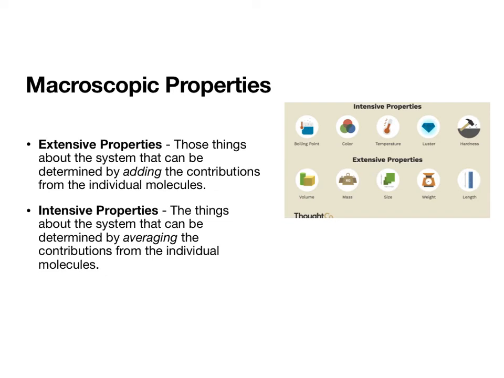Okay, so amongst the macroscopic properties, there are really 2 types. There are extensive properties and intensive properties. Extensive properties are things about the system that can be determined by adding up the contributions of individual molecules. Okay, what do we mean?